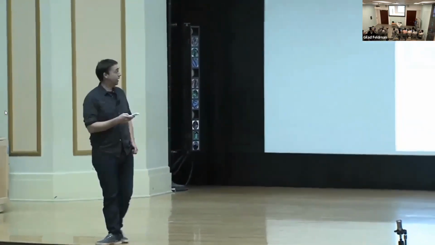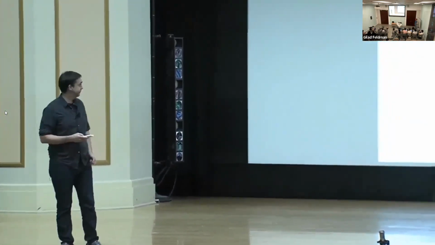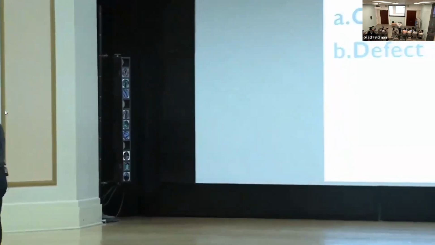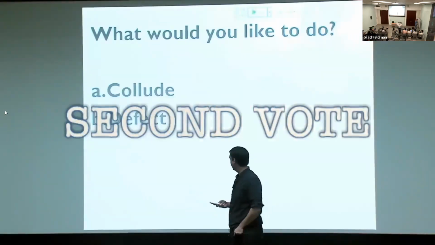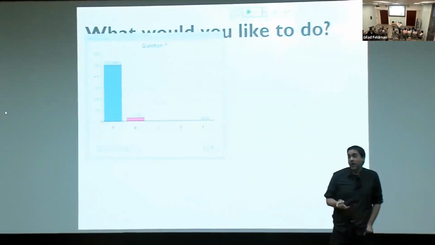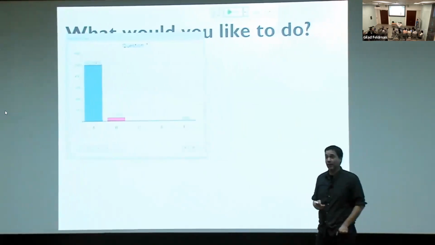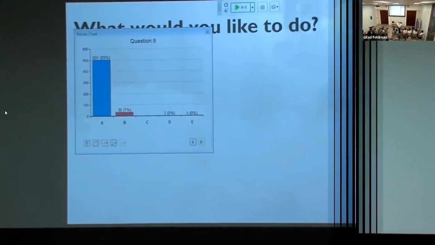You want to talk among yourselves or something before you do it? Or you just want to go for it? Better. You convinced 4 people to collude, right? That was an improvement. Need more time. You want to do it again? Yeah.